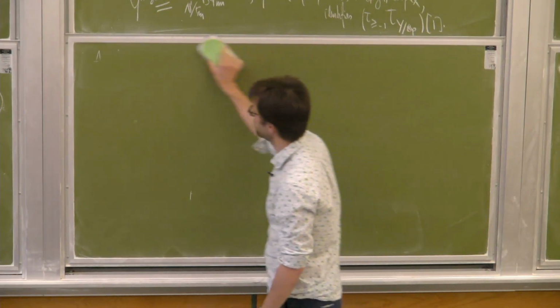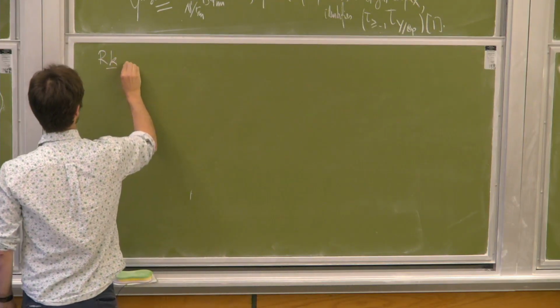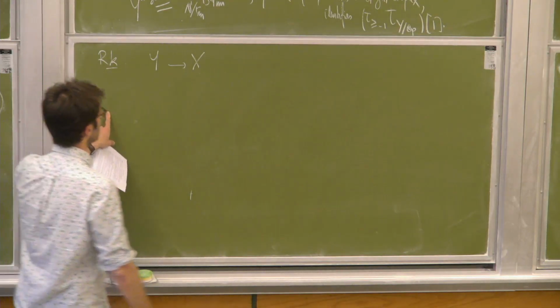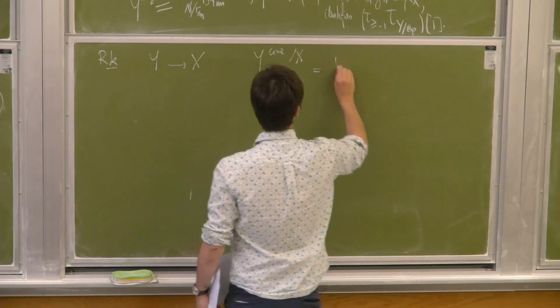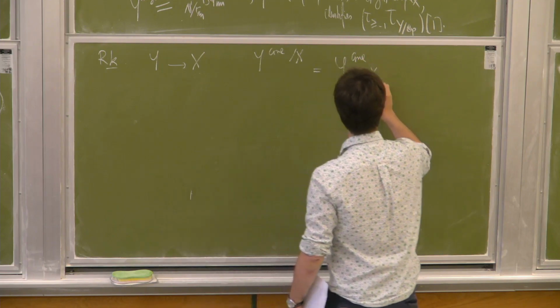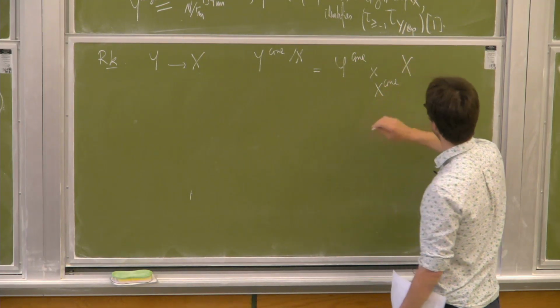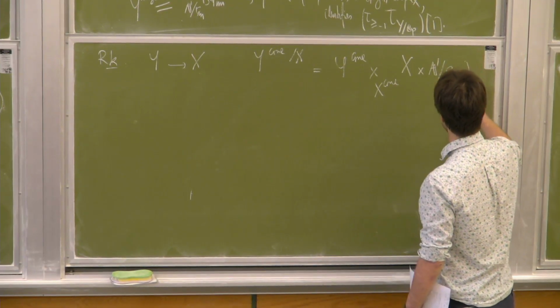I don't know if it's standard terminology, because there is also a relative construction. More generally, if you have a map y to x, then you could define a relative cone construction by taking the cone construction, which is functorial, and then you observe that there is always a map from x times A^1 mod G_m to x cone.